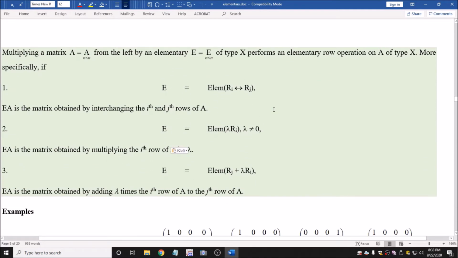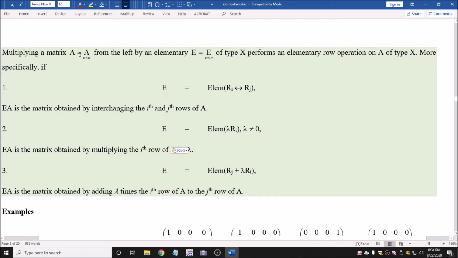Here is a property. If you give me a matrix A, let's say n by n, and I multiply from the left by a type X elementary matrix E, where X could be 1, 2, or 3, then the result, EA, will be what happens when you perform that type of row operation to A. So let's read.